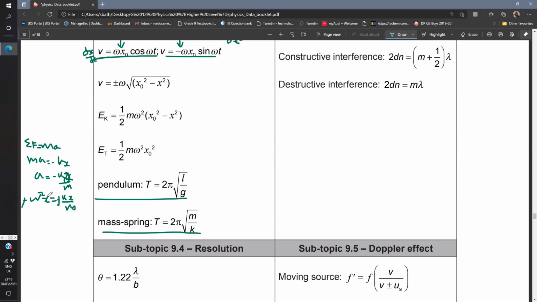We cancel the minus signs, we cancel the x's, and then omega squared is going to be equal to k over m. Omega is equal to 2 pi over T.